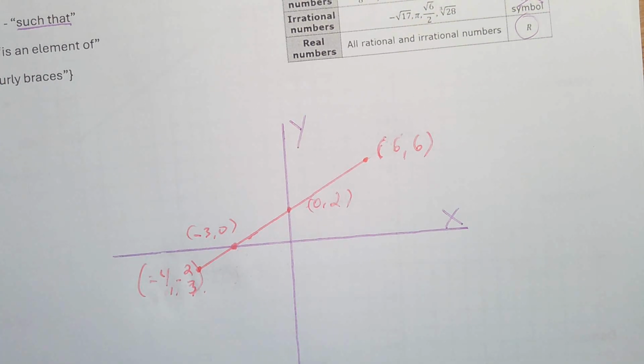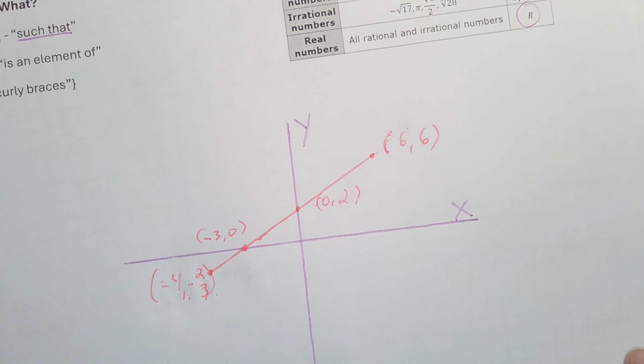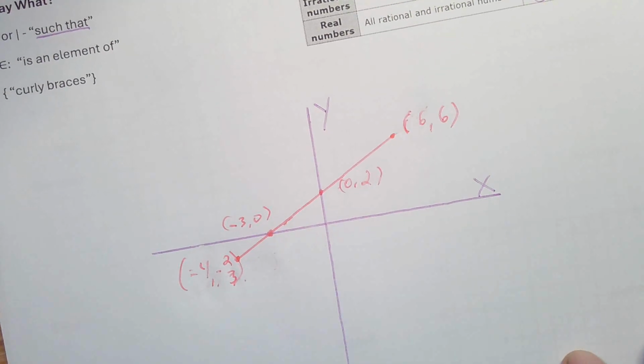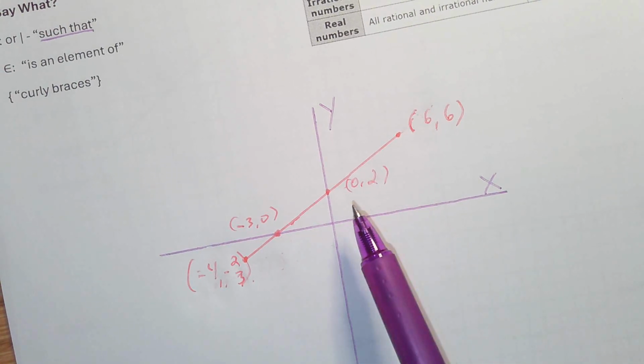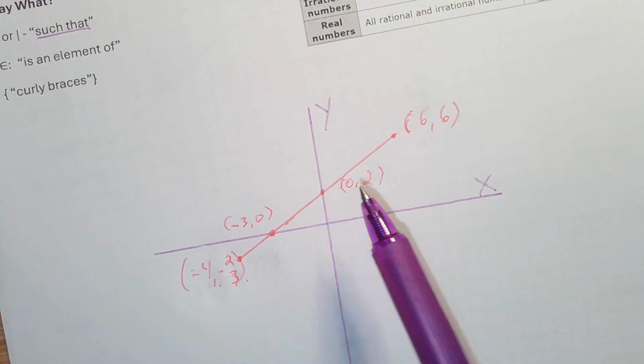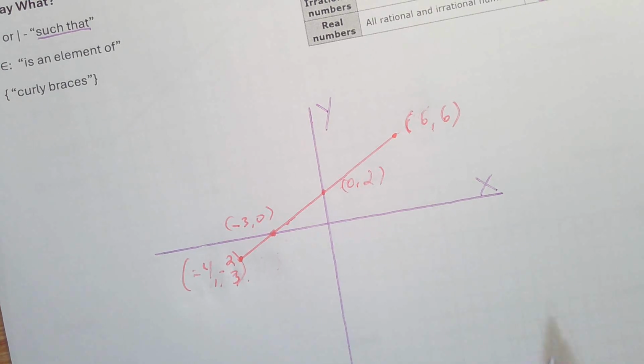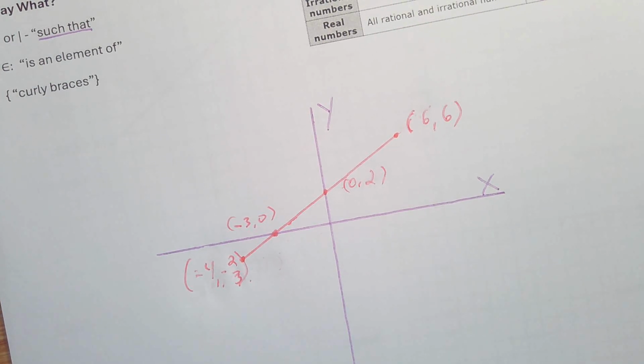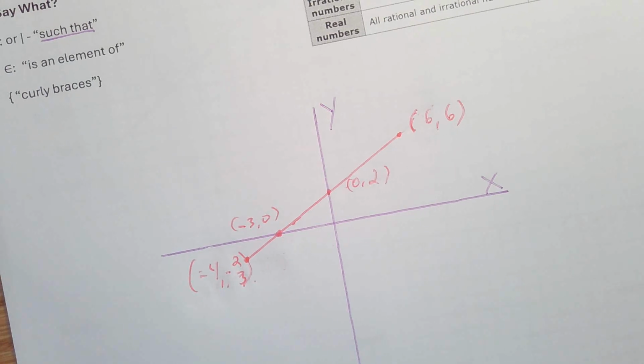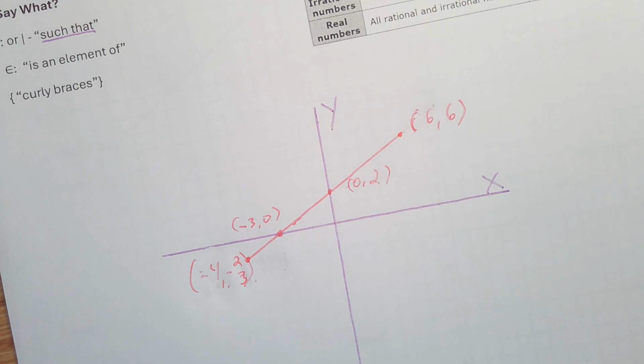All right, so say I have this line here, and it has these 4 points on it, with my y-intercept and my x-intercept, and this is where this line segment exists. It starts here and it ends here. I'm not going to go into the slope of this line or anything like that.